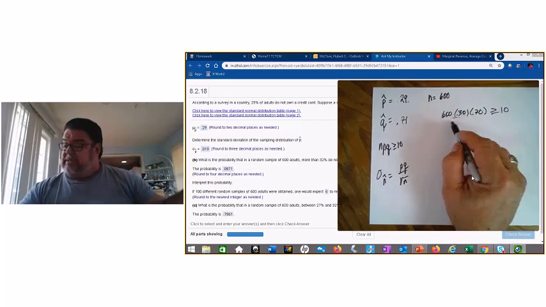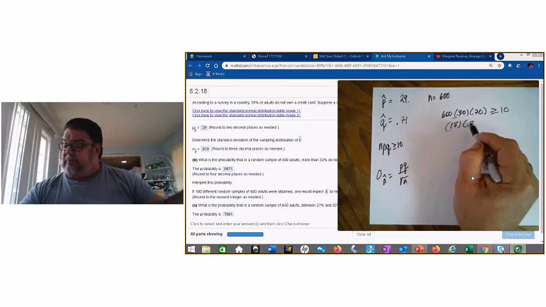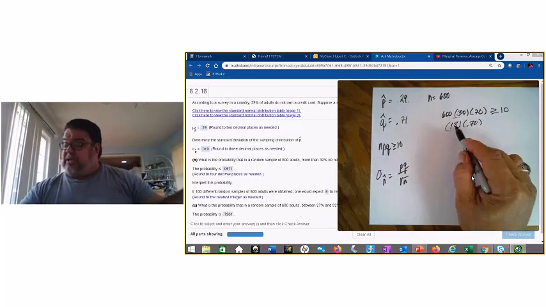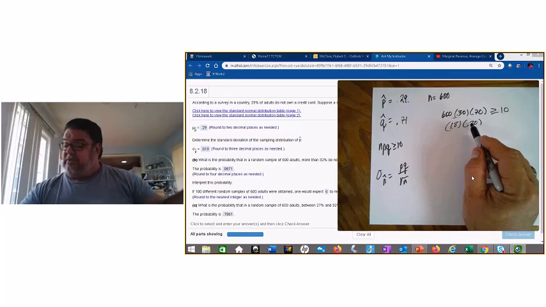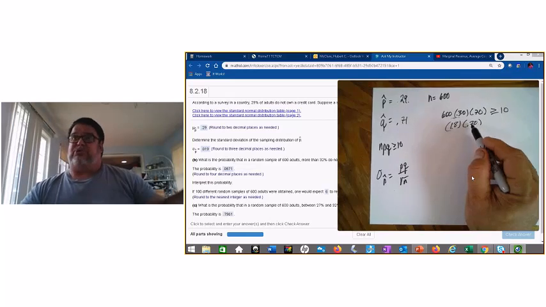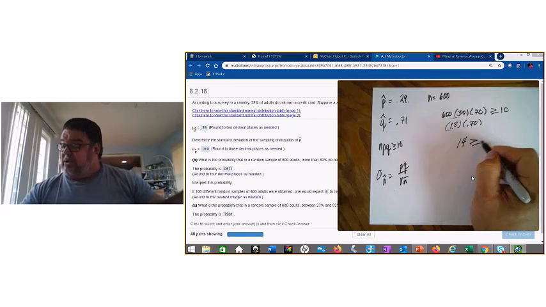That would be 18 times 70%. And 10% of 18 is 1.8, and 1.8 times 7, well, 2 times 7 is 14. So 14 is greater than 10.